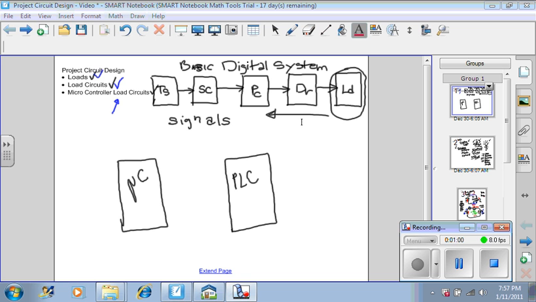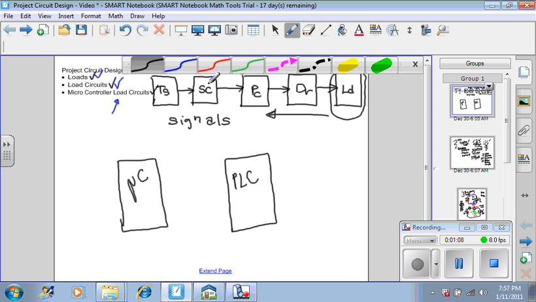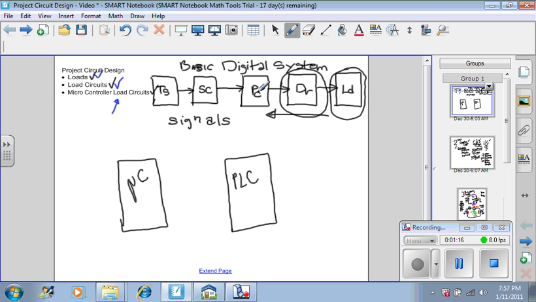In order for us to drive high current devices, we're going to need to include some type of driver circuit in between the microprocessor or microcontroller and the load.